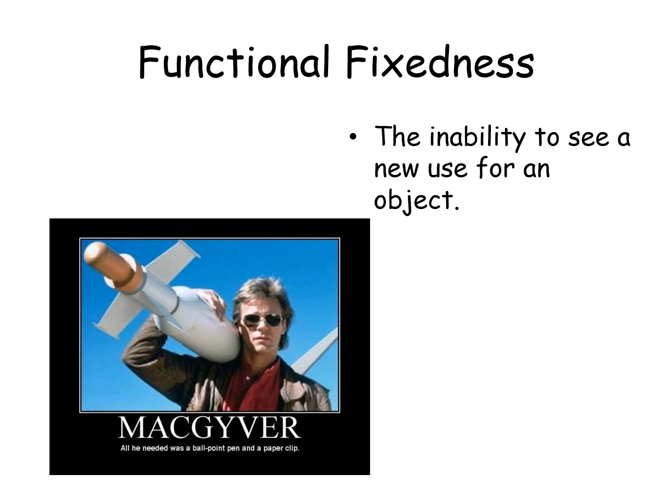So functional fixedness is not being able to see that a certain item can have a not-normal purpose, and solve your problem using this thing. So you're on the bus and you are trying to take a little nap.